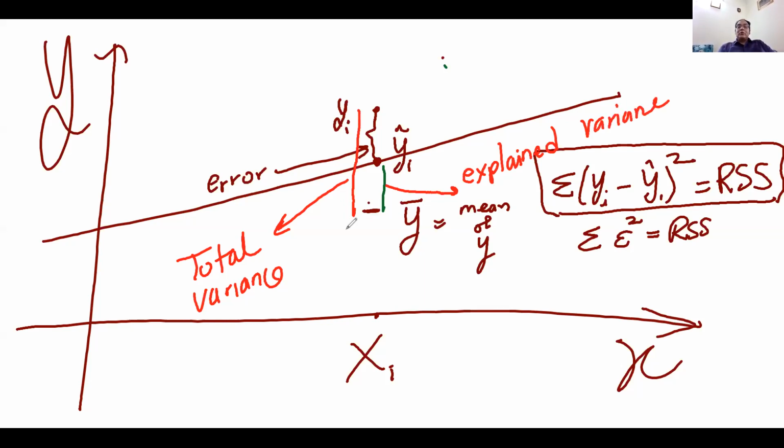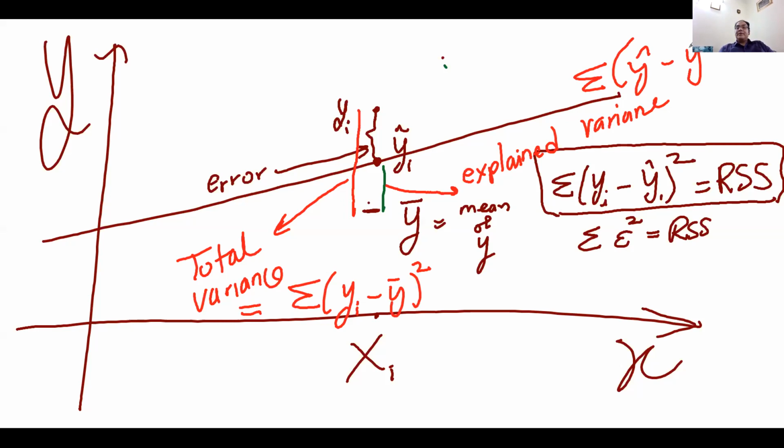Now, how to calculate this? The total variance is the actual y minus mean of y, squared. Similarly, the explained variance is the predicted y minus mean of y, squared. So we have three values here. This value is known as MSS, and this value is known as TSS.